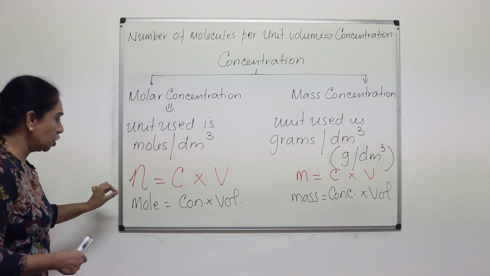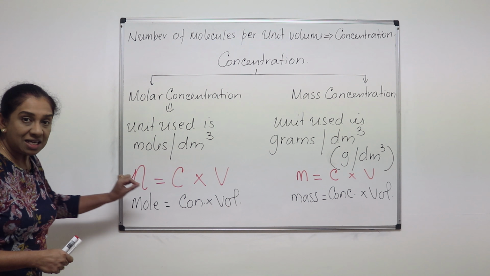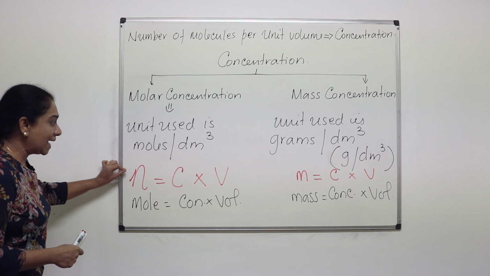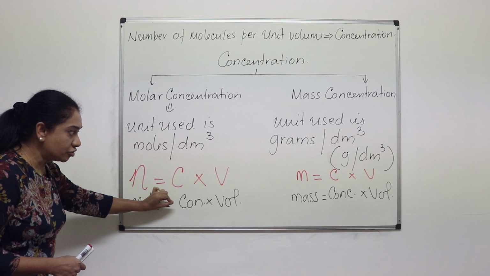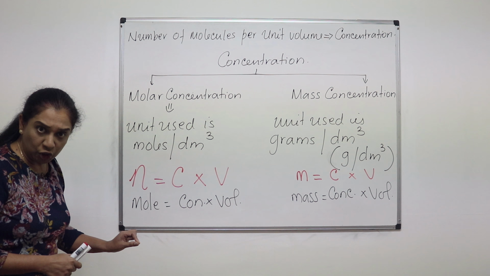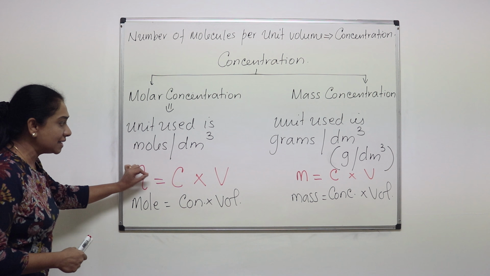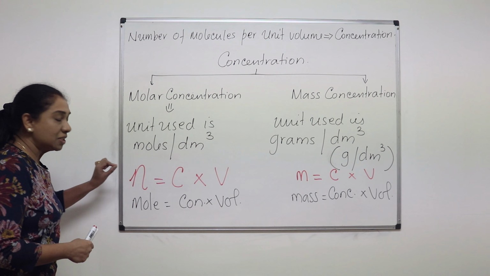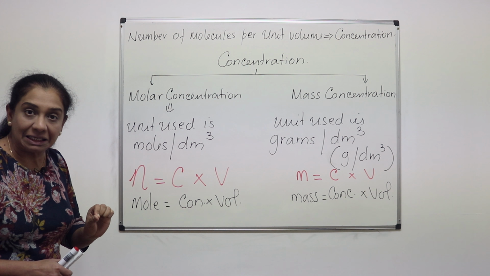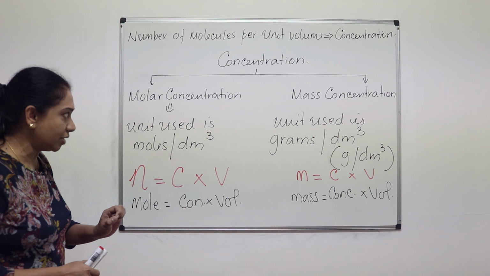So I have shown with the word and the abbreviation, n is equal to C times V. n stands for mole, C stands for concentration, and V stands for volume. Therefore, mole is equal to concentration times volume. This is what we are going to use to calculate the molar concentration.